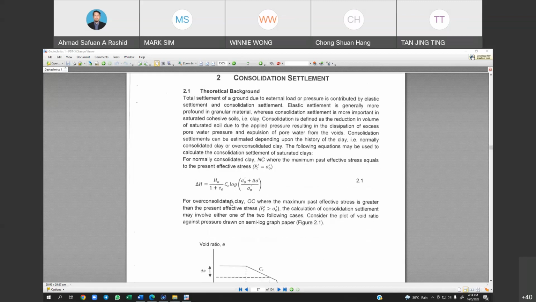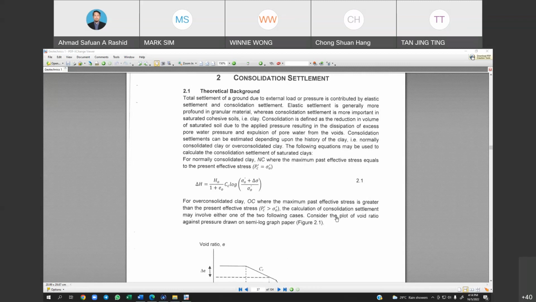For overconsolidated clay, OC, the maximum past effective stress is greater than the present effective stress, which is PC, or sigma C, greater than sigma naught. The calculation of the consolidation settlement may involve either of the following two cases.